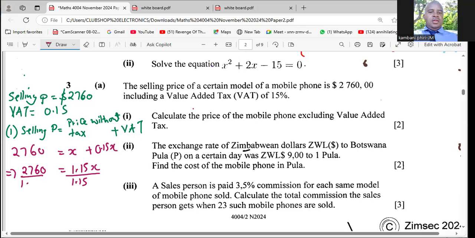Therefore, what is your x? 2,760 divided by 1.15. So you get $2,400. This is what you get here, $2,400.